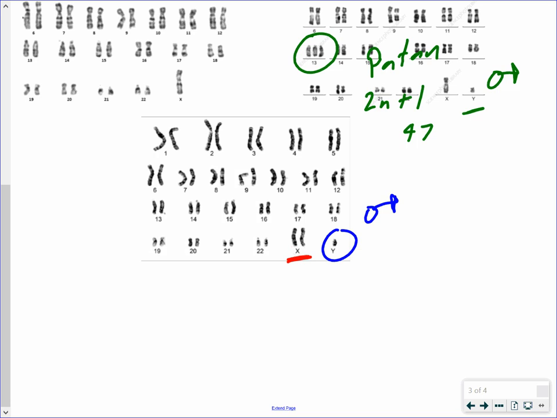So this isn't a trisomy, but it is still 47 chromosomes in total. And this one is referred to as Klinefelter syndrome.